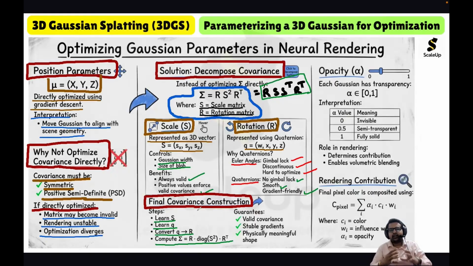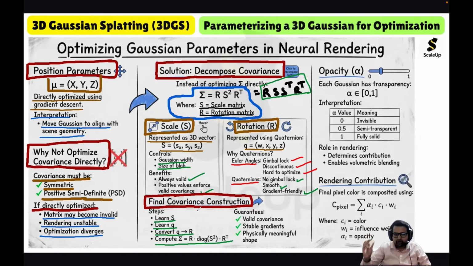So the idea is very clear. For every 3D Gaussian, we will have a covariance matrix. We have to break it down into the scale, so we have to learn the scale for all the 3D Gaussians. We have to learn the quaternion for all the 3D Gaussians, millions of them. Whatever quaternions we learned, we convert into a rotation matrix.